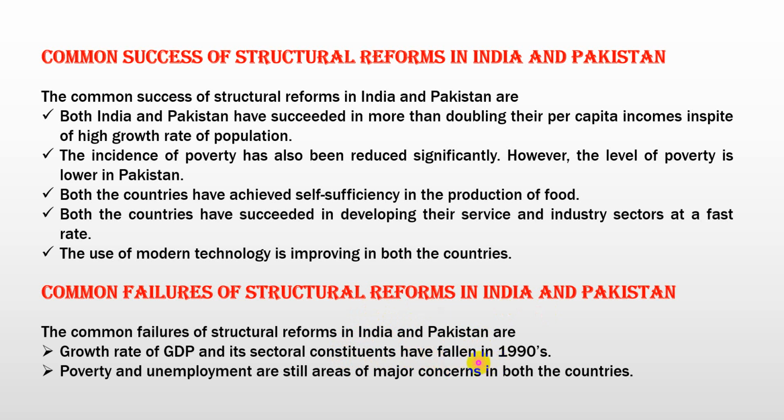So till before the 1990s, there was an upswing in the growth rate of GDP for both the countries. But after the 1990s, there is a decrease in the growth rate of GDP. Poverty and unemployment are still areas of major concern in both the countries. So there is vast prevalence of poverty and unemployment problems in both the countries.